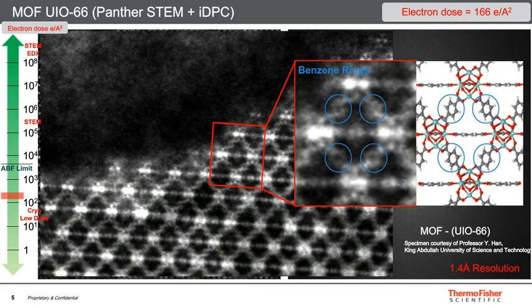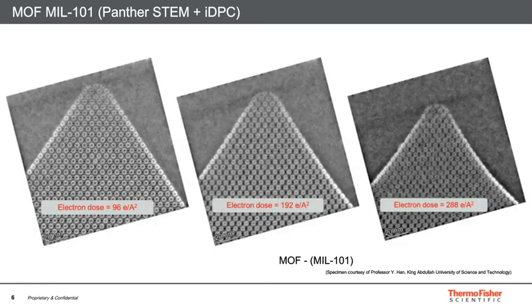Let's have a look at another example. The sample shown here is the MOF MIL-101, and the images were taken again by the Panther STEM detector using iDPC technology. We can obtain a very high-quality STEM image of the structure using 96 electrons per square angstrom, as you can see from the left-hand side image.